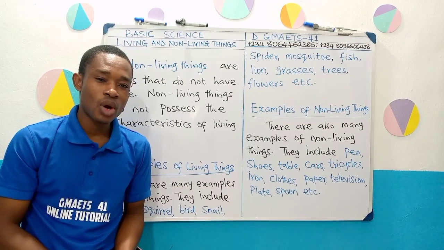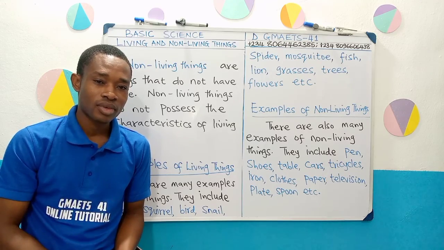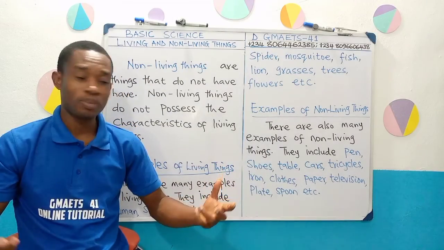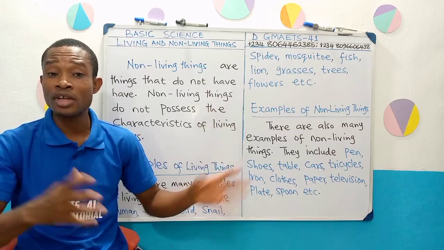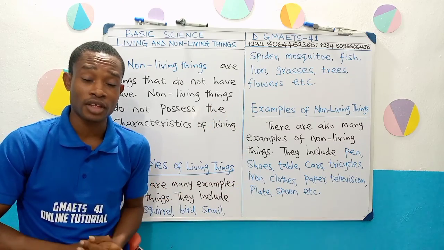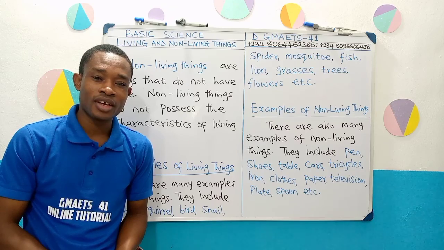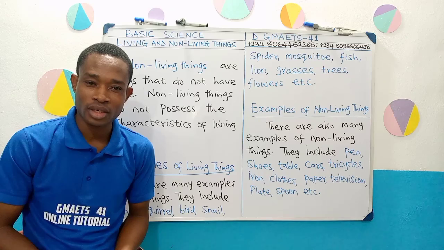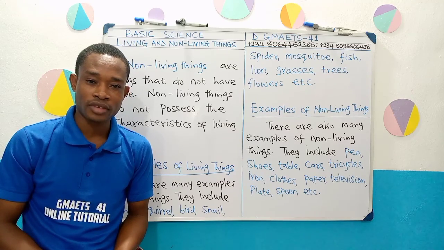Tricycles. That's the one we call keke. Even motorbikes. Okay? Iron, clothes, paper, television, plates, spoon, and so on. There are many other examples of non-living things. Alright, next you're going to see the video shots collected by the GMAS 41 to show you examples of living things and non-living things.